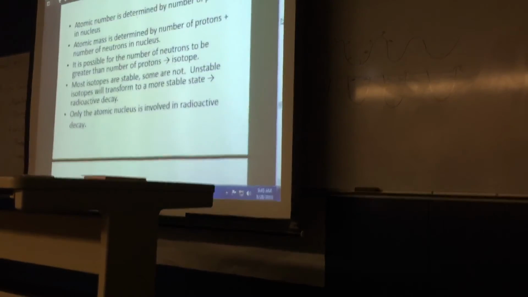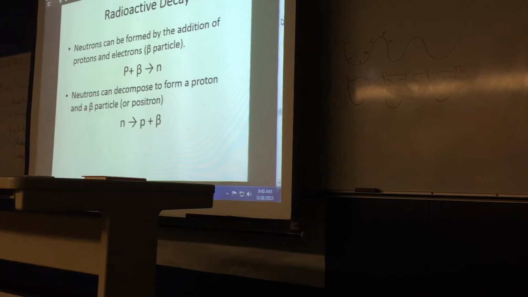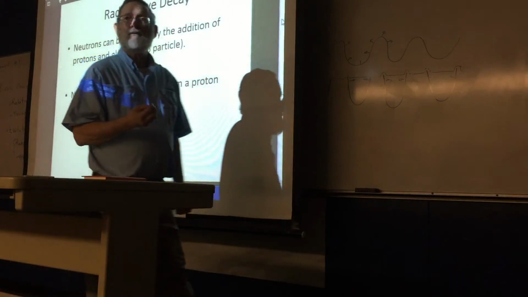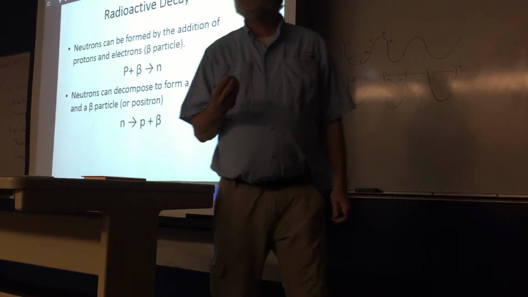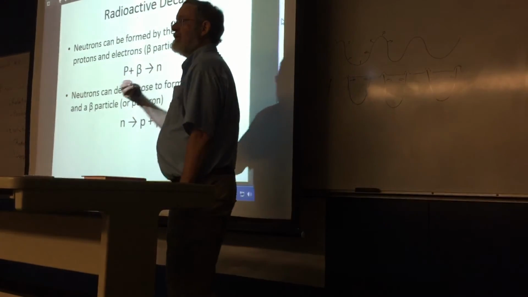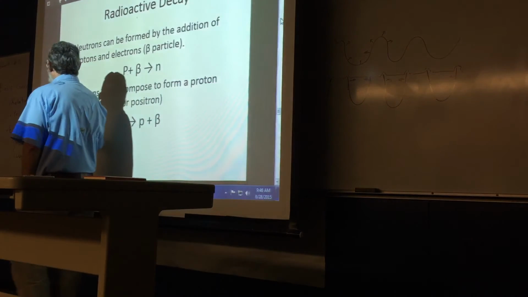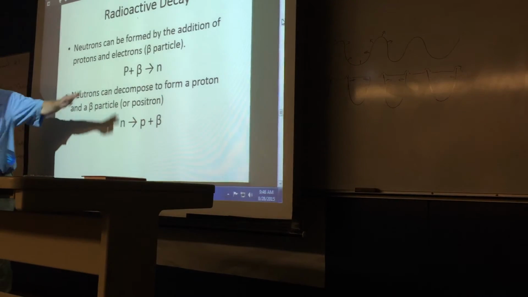So what we're doing when we're looking at radioactive decay, and the best way to do it is just to look at that. Certain atomic nuclei are not stable, and they will begin to decay. And the decay process is simply controlled by this.